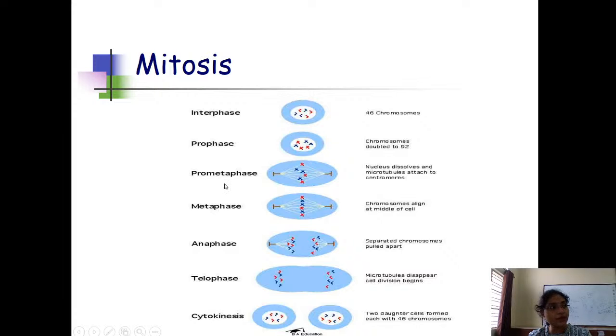Then prometaphase, where the nucleus dissolves and microtubules attach to centromeres. Then metaphase, where chromosomes align at the middle of the cell. Then anaphase, where separated chromosomes are pulled apart. Then telophase, where microtubules disappear and cell division begins. Then cytokinesis, where two daughter cells form, each with 46 chromosomes.